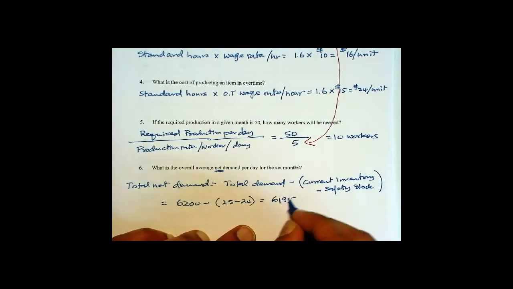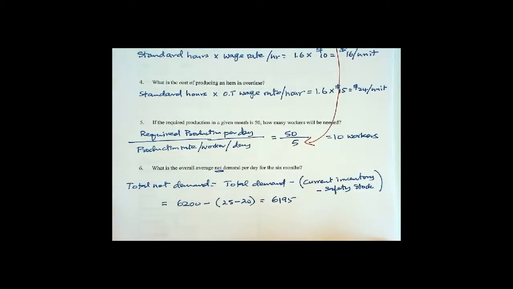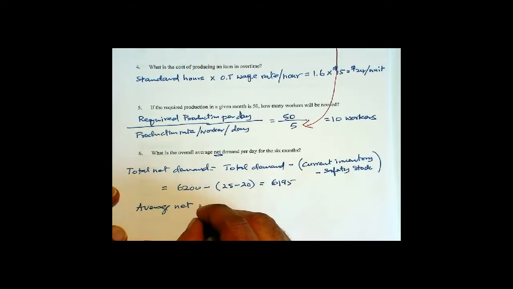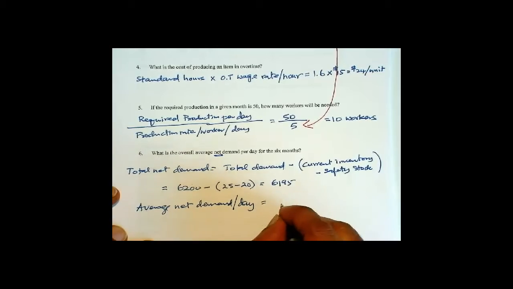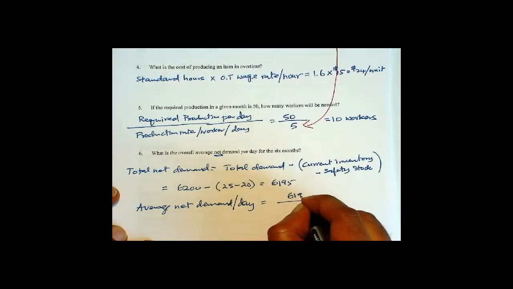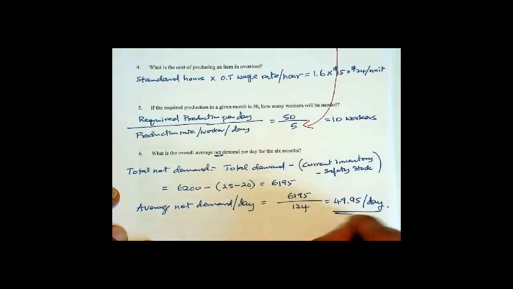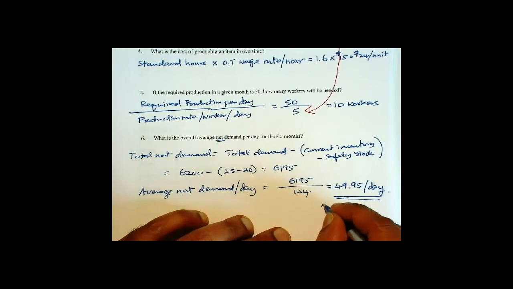So that's our net demand. So average net demand per day is 6195 over 124 days, which is equal to 49.95 per day. And let's round this to 50 units per day.